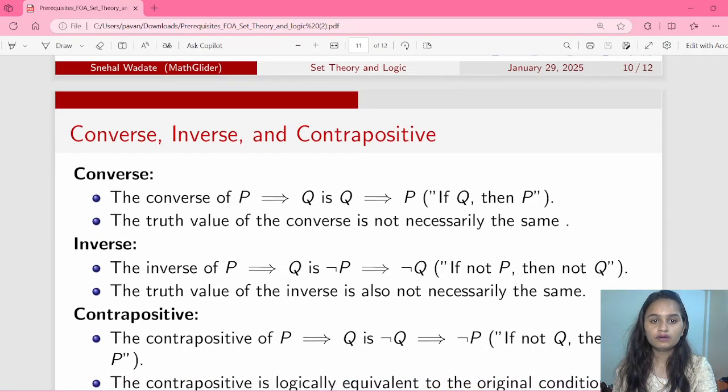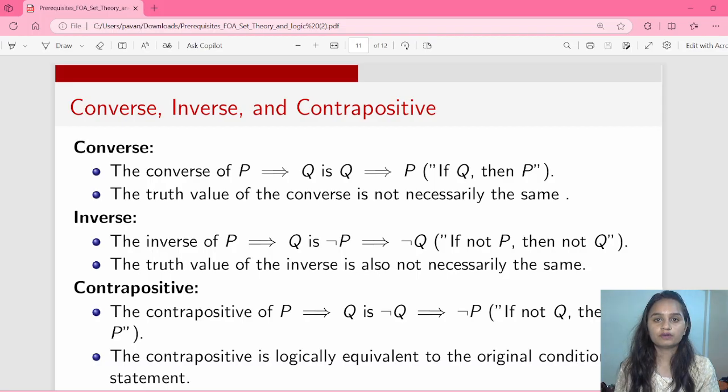Now we have the converse, inverse and contrapositive of statements. If we have a statement P implies Q, its converse will be Q implies P. This is very important in proofs. Many times we have a proof like this statement implies this, and we always think whether the converse is true.